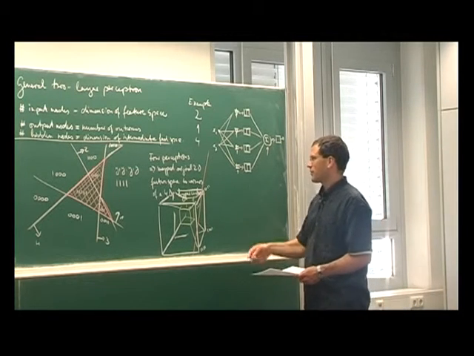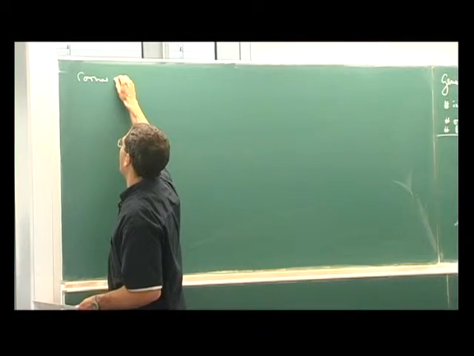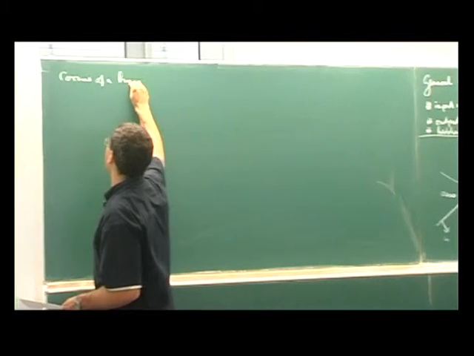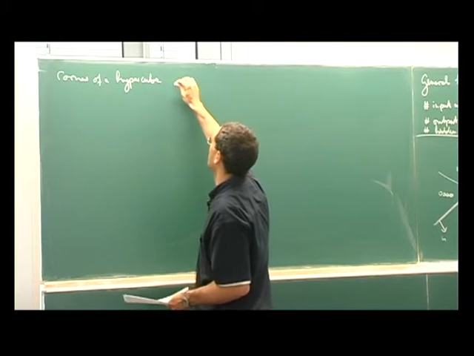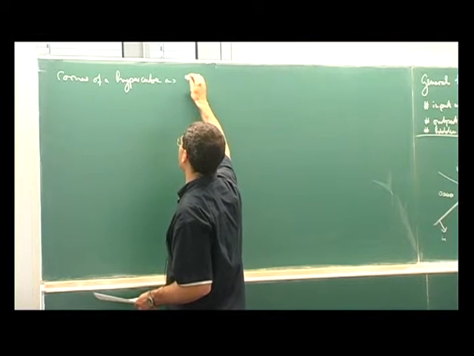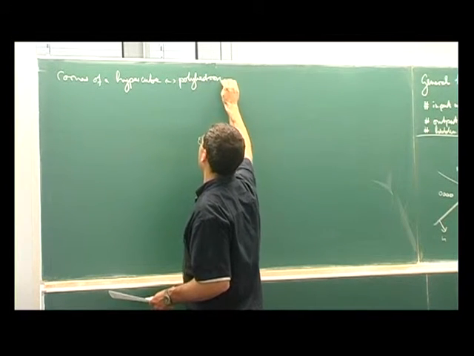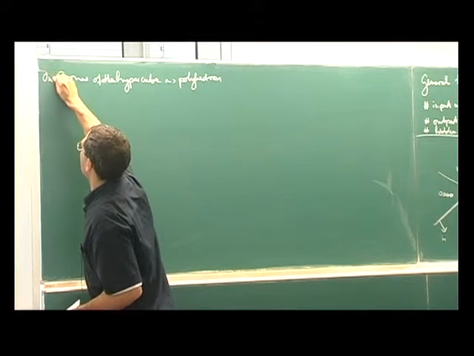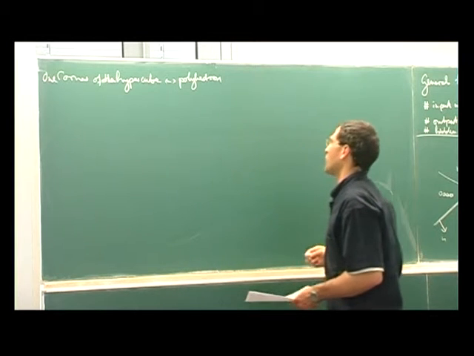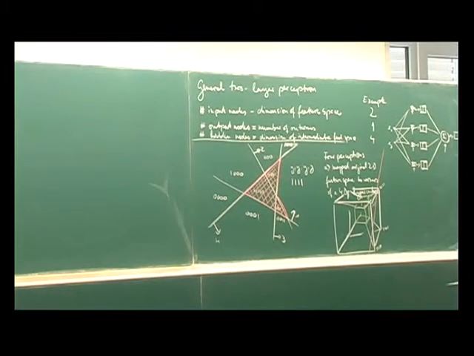So we have a correspondence between the corner of a hypercube, so one corner of our hypercube corresponds to a single one of these polyhedra that are defined by this set of perceptrons.